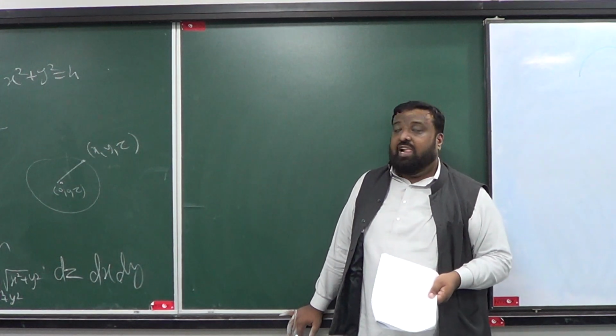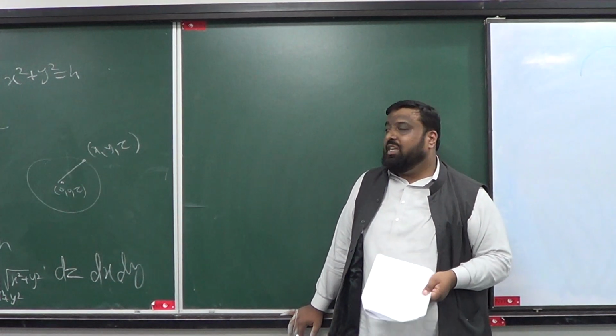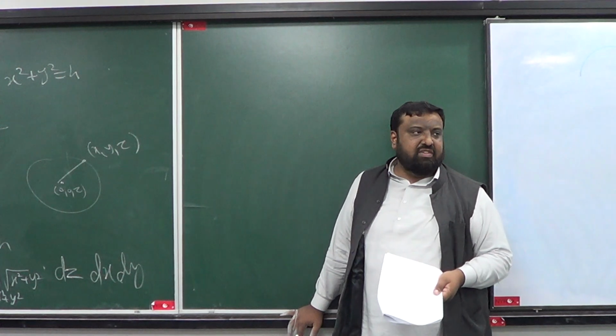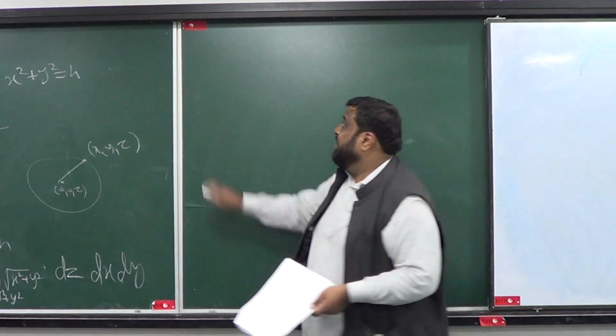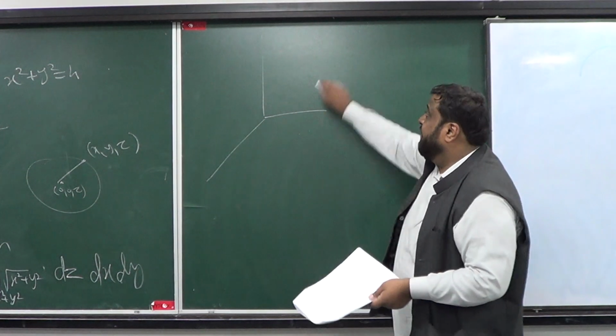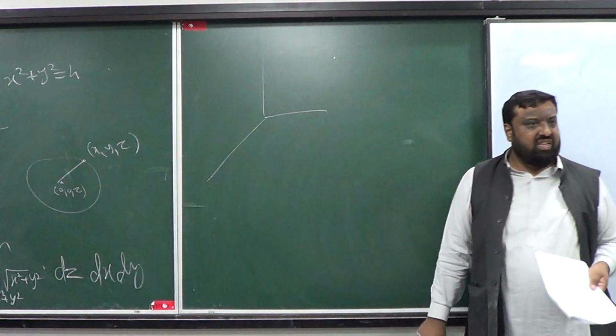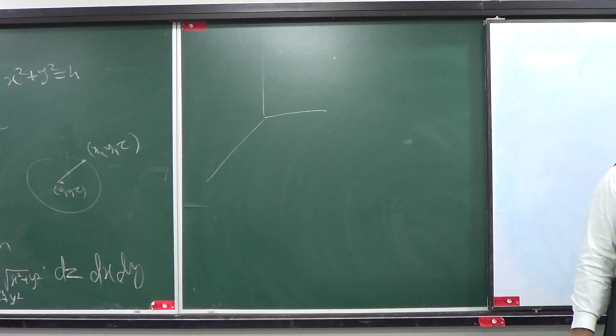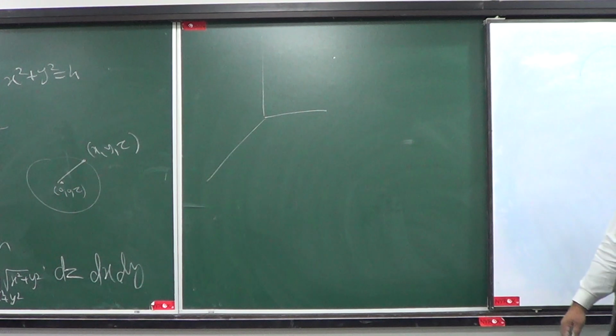Anyway, the spherical polar coordinate system. What do you mean by spherical polar coordinate system? Imagine I am in this 3 dimensional space and I have a point. There are many ways to reach this point.